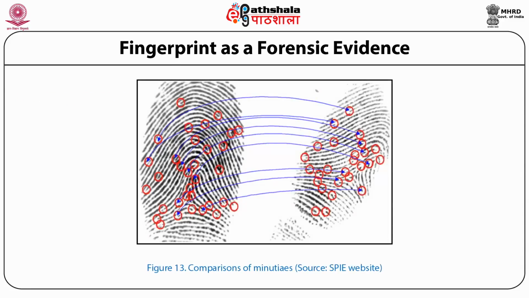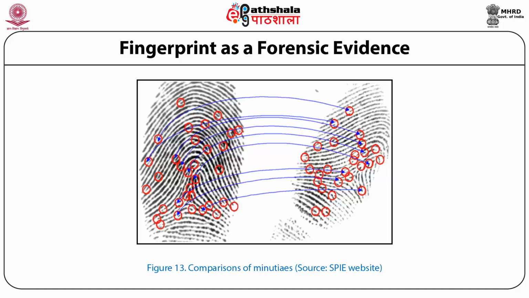This figure shows the comparison of minutiae. The minutiae that were discovered are collected from the suspect and from the scene for identification purposes. This identification of the fingerprint is not only made by comparing the pattern or by merely the presence or absence of minutiae, but it is also done by comparing the presence, kind, number, and especially the arrangement of the pattern and minutiae characteristics that create a unique pattern.